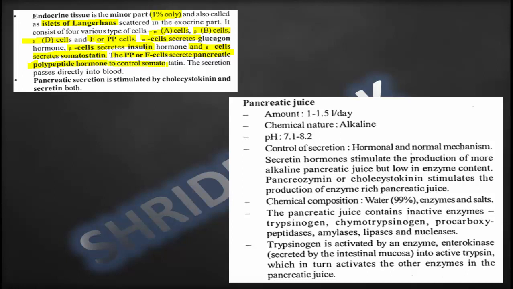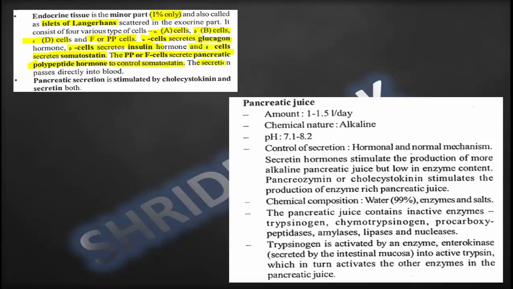To control somatostatin, see how interesting it is. Somatostatin has an inhibitory effect on the secretion of both glucagon as well as insulin and nutrients from the gastrointestinal tract. The pancreatic polypeptide hormone secreted from PP cell or F cell controls the somatostatin.